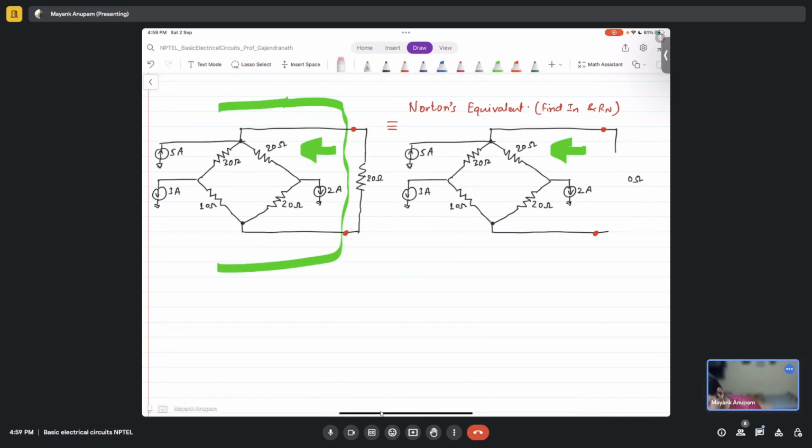So this 20 ohms, you can simply connect to the short, right? And you have to find out the short circuit current ISC, isn't it? This figure might be a little confusing, so I will manipulate it slightly by changing it back to the original network. So this is ISC. Now tell me what will be ISC here.